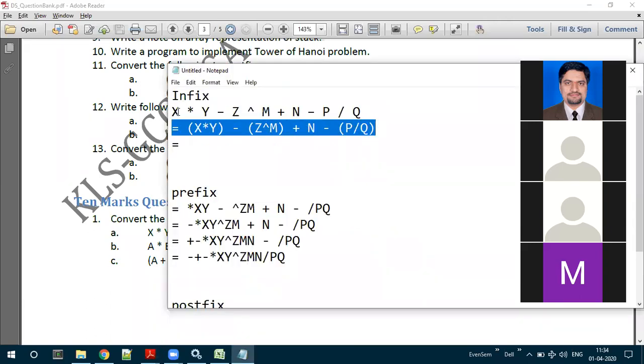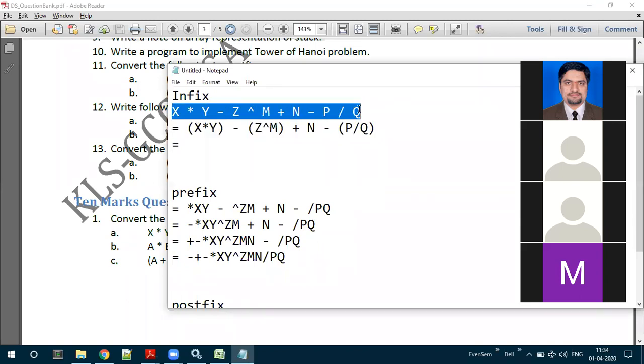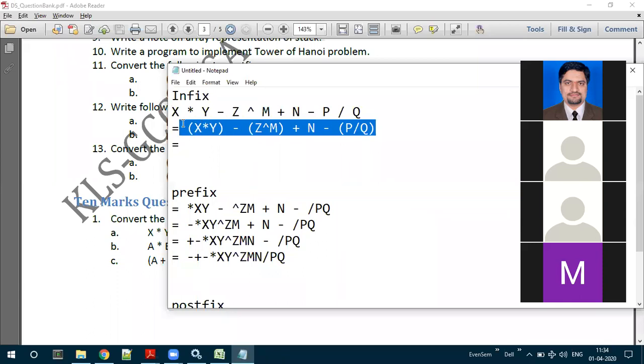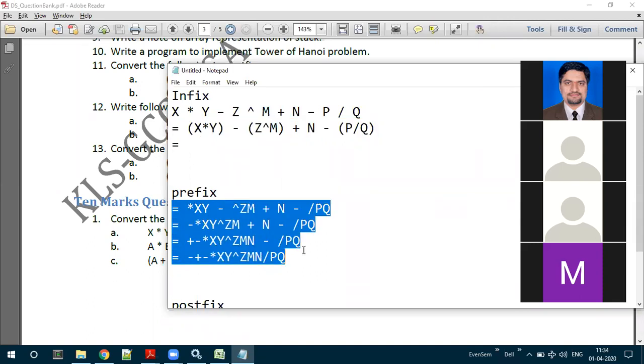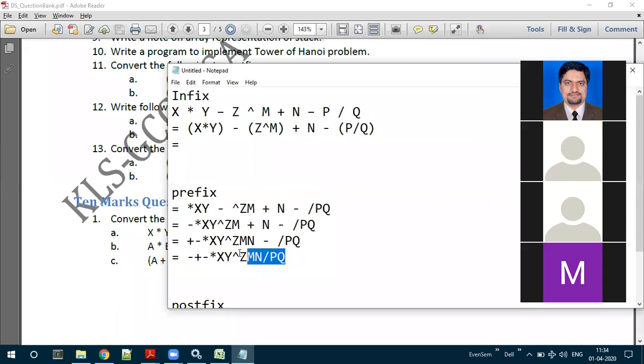The given question is this one, and we have written this for our better understanding in this format, because there were no brackets given, and based upon the operators and their priority, we have placed certain brackets which will ease our understanding. You will not get any marks for this one. This is for self-understanding. Marks will be given for these steps. If the final answer is correct, then only you are going to get the full marks.